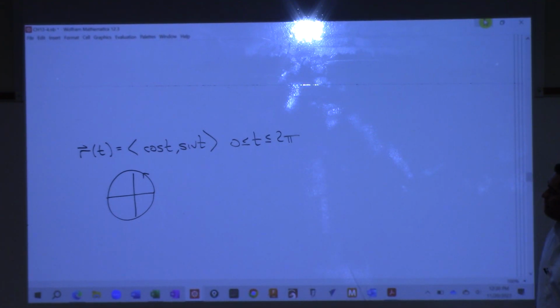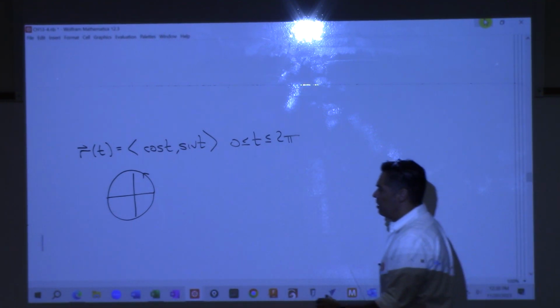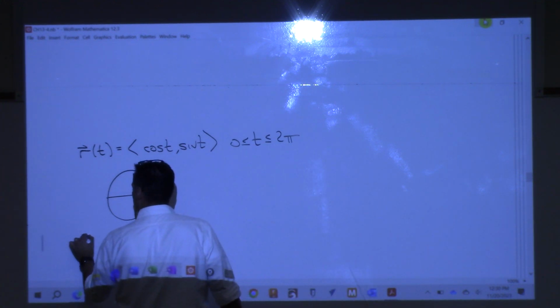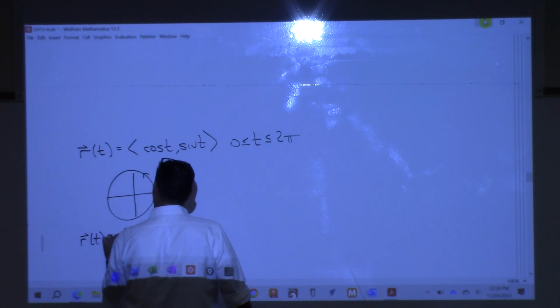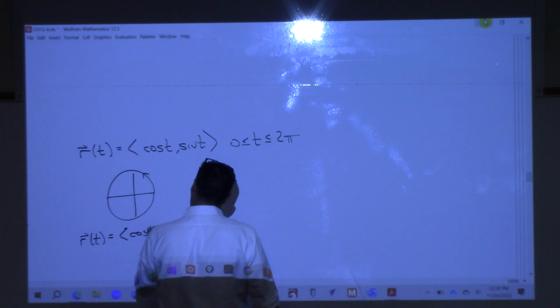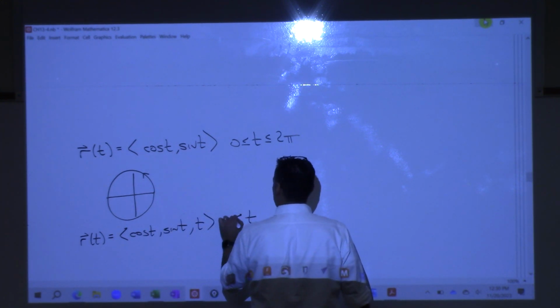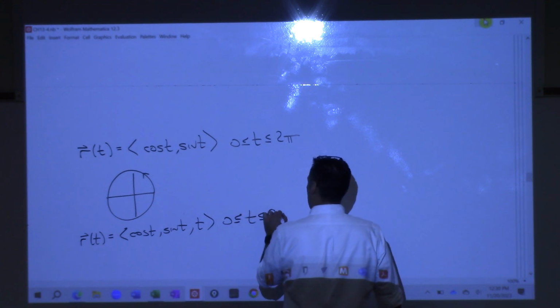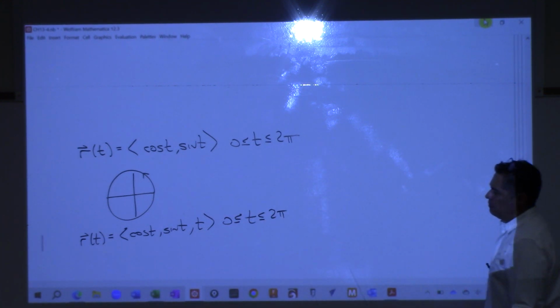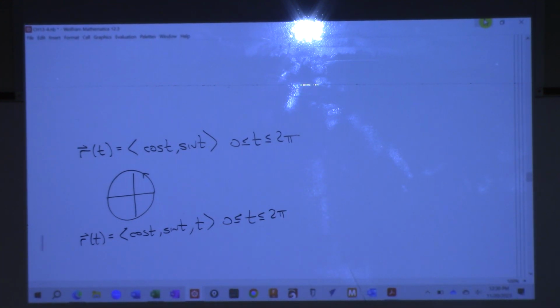Now, what if I change it and I do R of t is cosine t, sine t, t, t between 0 and 2 pi. It's like a spring. This is three-dimensional now, isn't it?